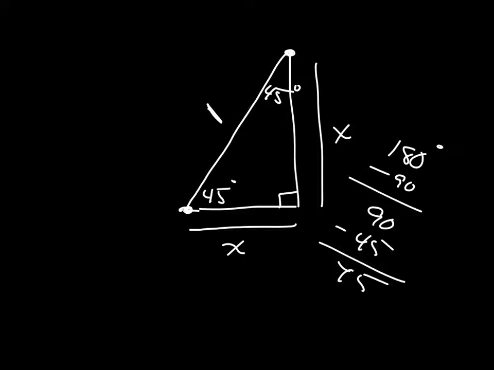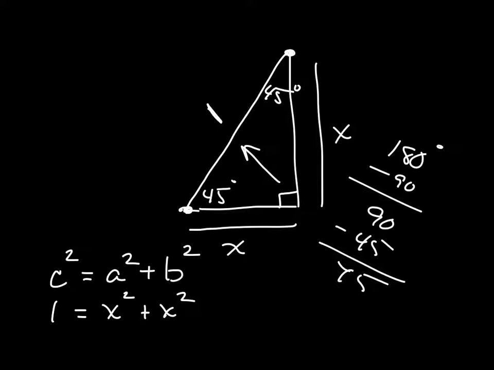And we can use our Pythagorean theorem to figure out those x's. With our Pythagorean theorem, we have c squared. c is the hypotenuse, which is the one across from the right angle. a squared and b squared are the legs, which are the same. So we would have 1 equals 2x squared.